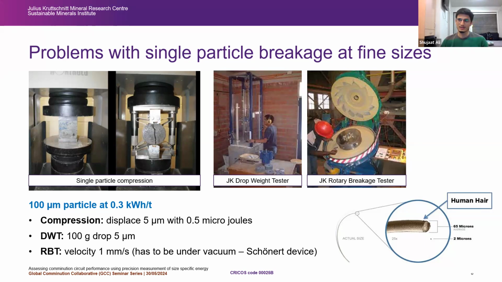If I were to break a particle of 100 micron at around 0.3 kilowatt hour per ton, and if I'm using any of the tests that are there on the picture, for example, if I use compression, I need to displace the jaws of my compression device by 5 micrometer with 0.5 microjoule energy.